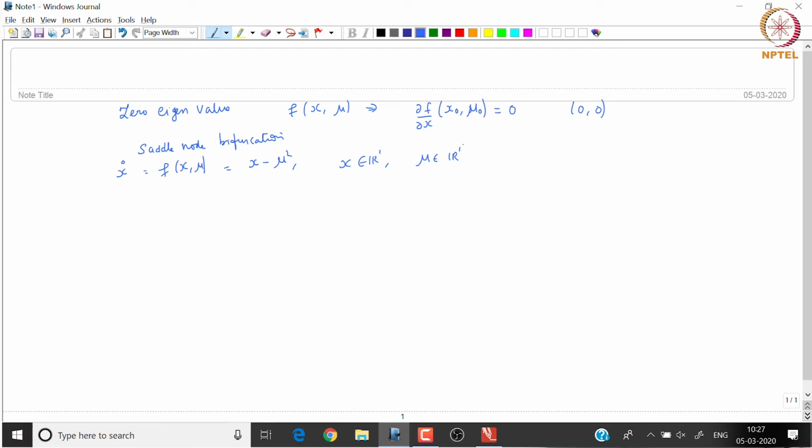Okay. So first, it is easy to check that f at 0 0 is equal to 0. Next, it is also easy to check that the partial of f with the partial of x at 0 0 is also equal to 0. Okay. Now next, first, what happens, what are the fixed points?